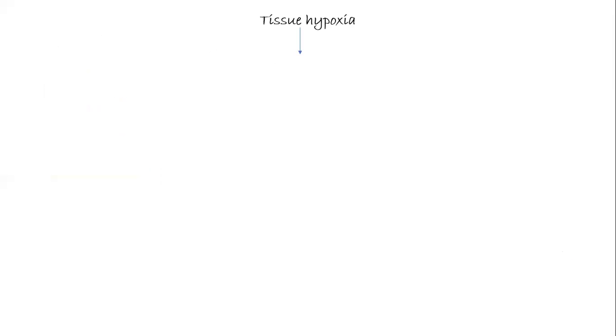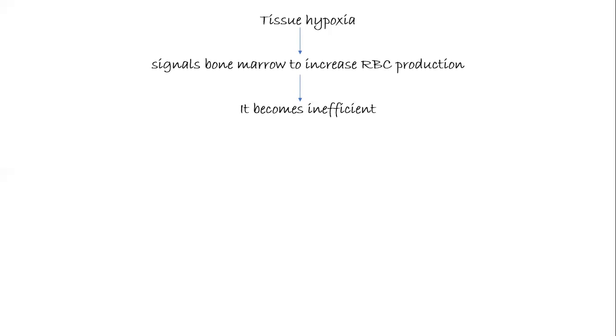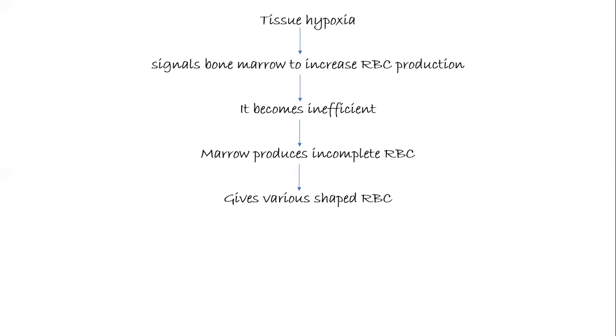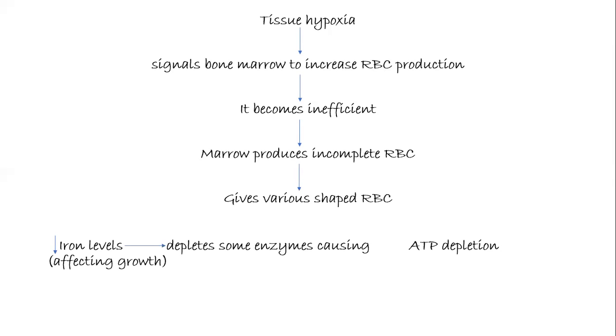Now, tissue hypoxia signals the bone marrow to increase the production of RBCs. It becomes inefficient because it is deficient of iron. So the marrow produces incomplete RBCs and gives various shaped RBCs. If there are decreased levels of iron, some enzymes are depleted causing ATP depletion, and it affects the growth of normal RBC.